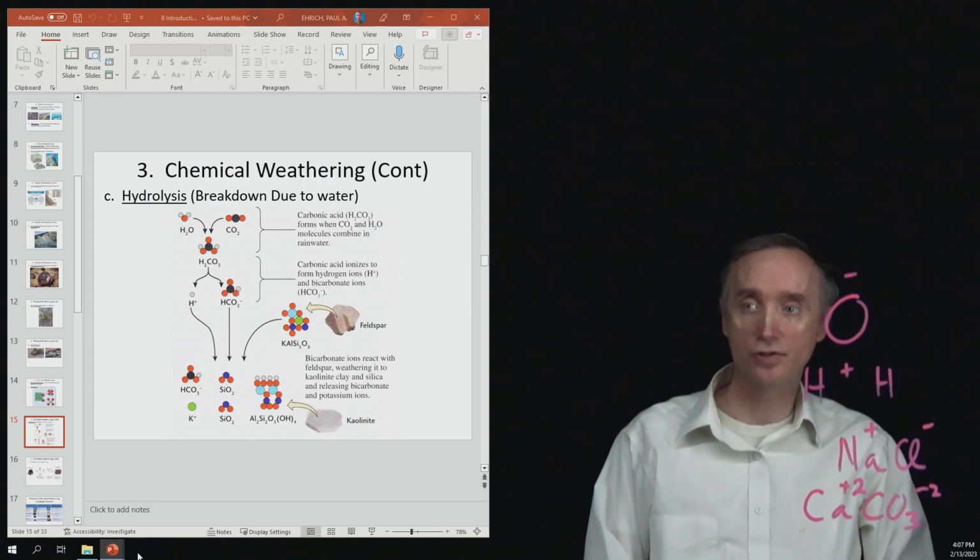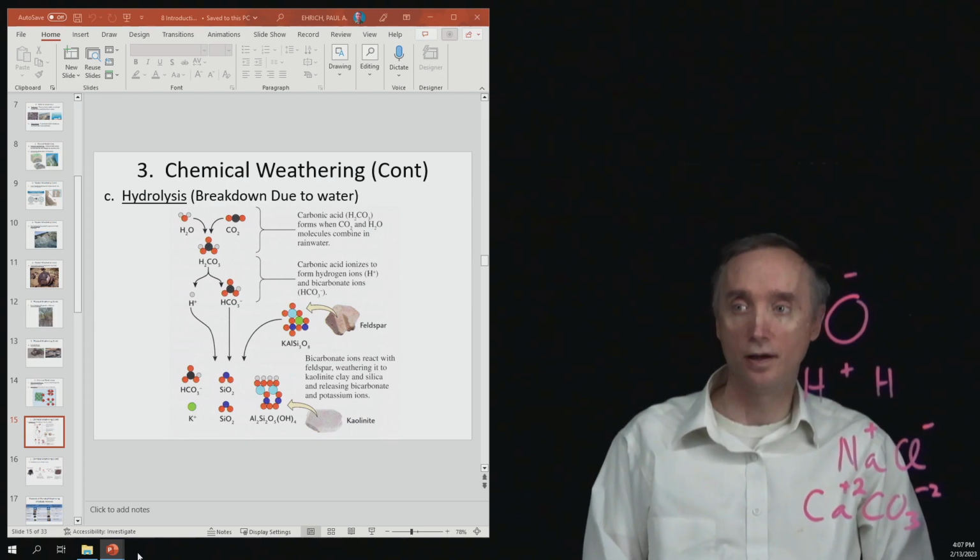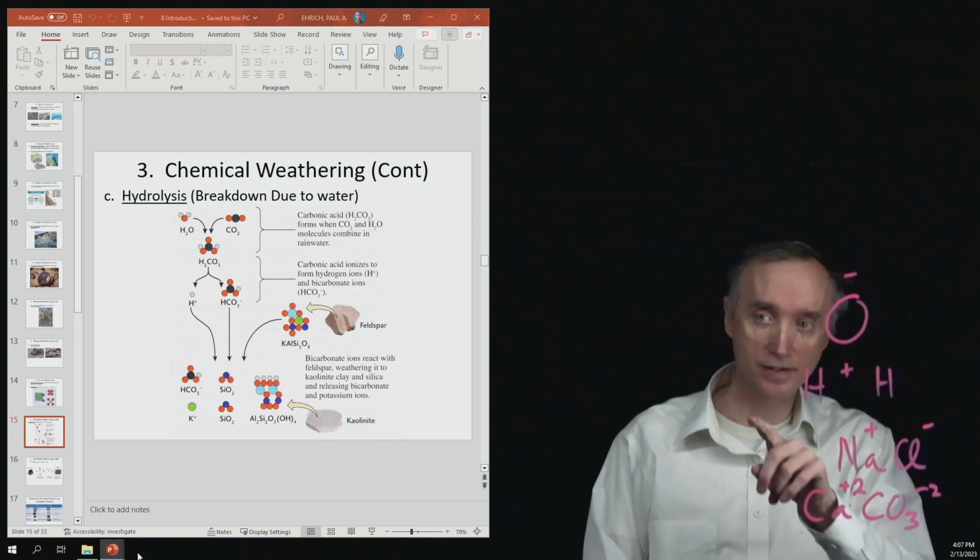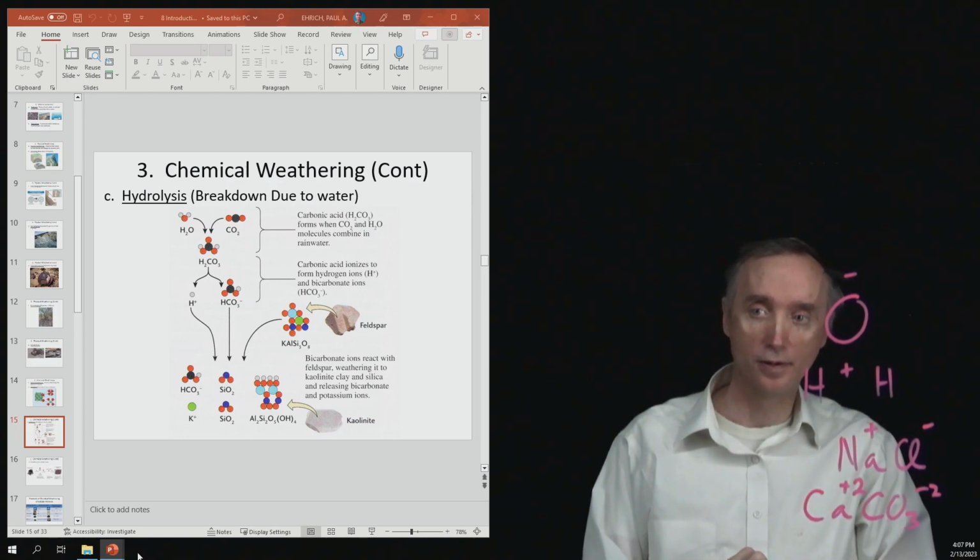That's the H2CO3 thing, and that's going to be an acid. Now that acid is going to mix with the mineral feldspar. You don't need to worry about the chemical formula for feldspar, but that's what it looks like there.